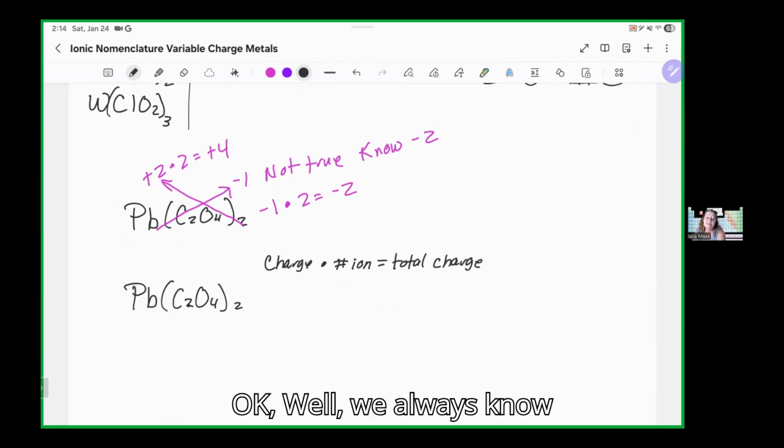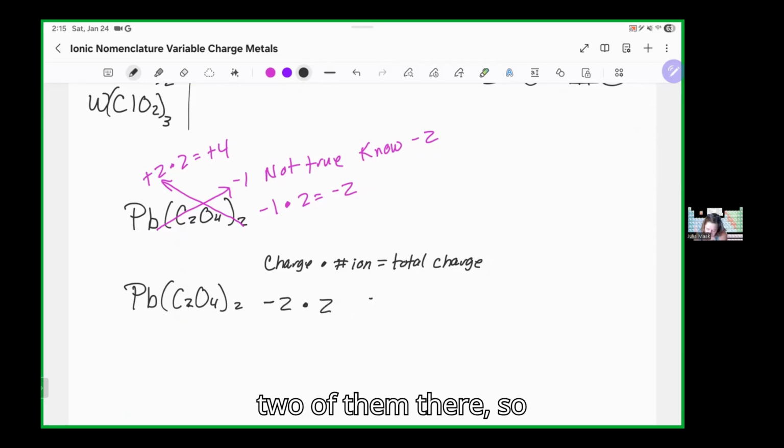Okay, well, we always know our anion. So we know our anion is -2. Oxalate is a -2. There are 2 of them there, so I have a total -4 charge.